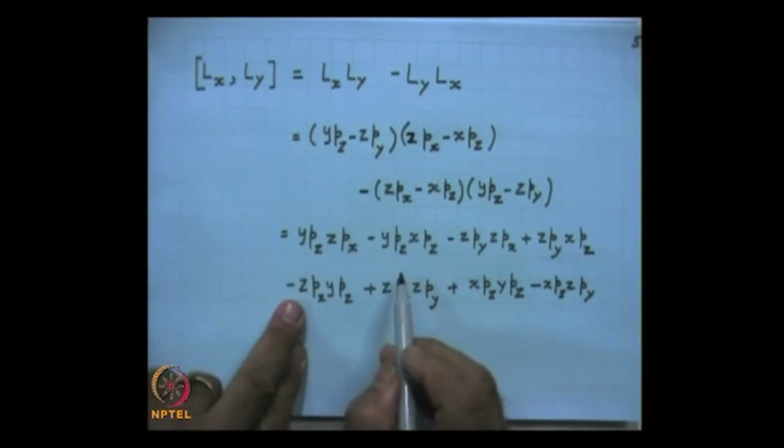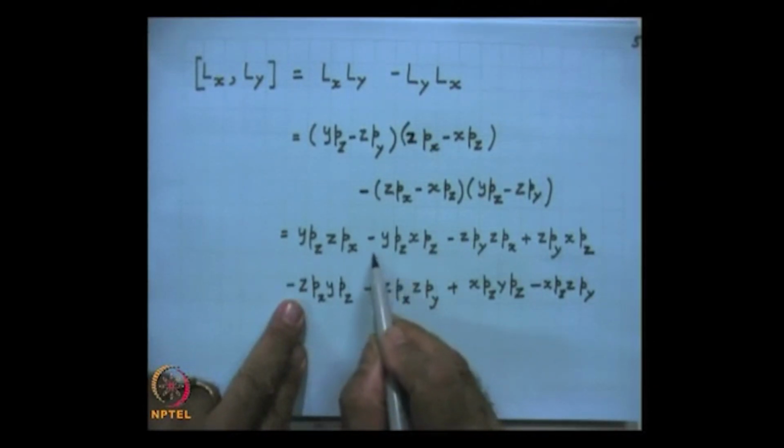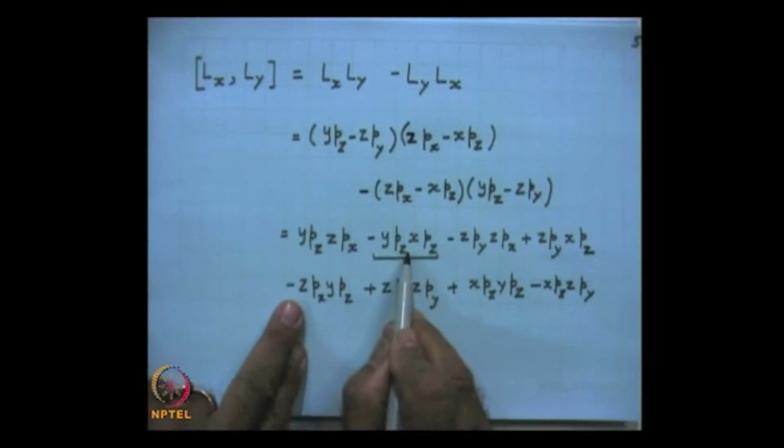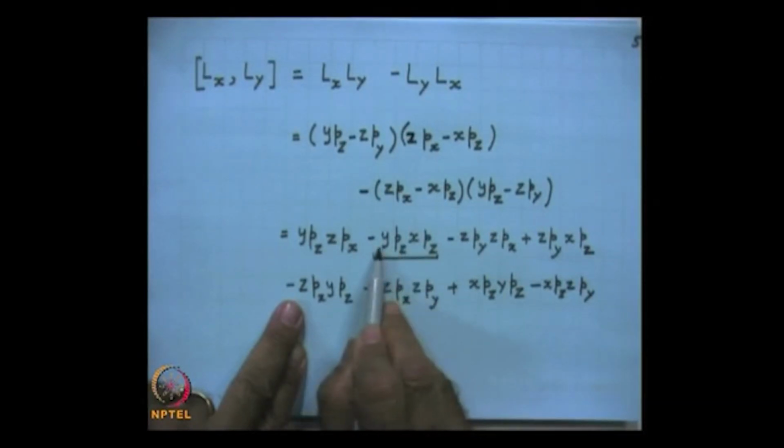that, for example, all of the terms commute with each other. So, I can put them in any order. I can take the x here.